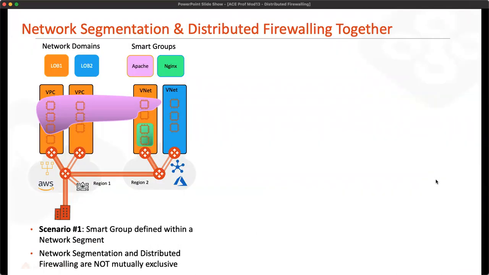So one thing to note is that network segmentation and distributed firewalling can work together. The idea is you have multiple lines of business, for example, line of business one and line of business two. What's very logical is that the groups can be inside those lines of business. Looking at line of business one, for example, within that line of business, in order to get more granular and separate the Apache and the Nginx workloads, this is where you will define the groups and map instances to those smart groups.